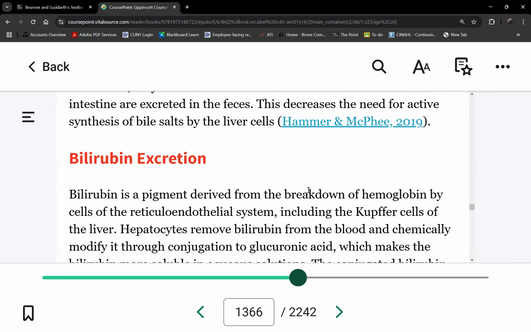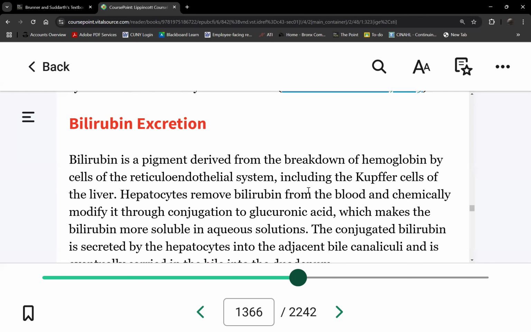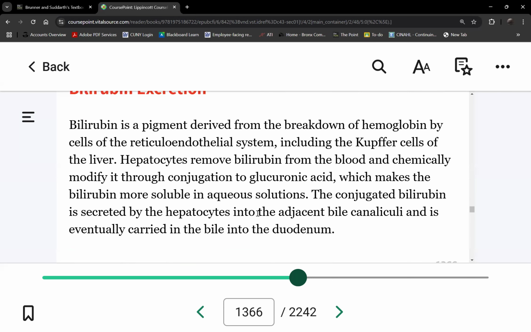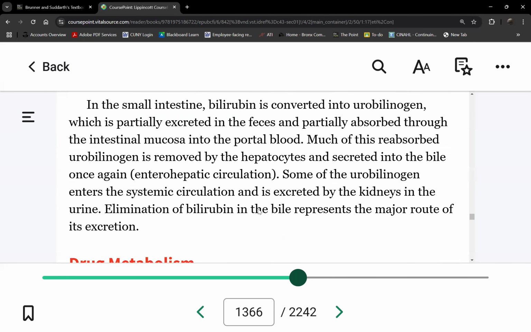Bilirubin excretion. So red blood cells eventually die, correct? So they have to be recycled. One of the waste products after we destroy red blood cells, after they die, is bilirubin. So inability to excrete this would mean the bilirubin will stay in the body, manifested as jaundice in the skin and in the sclera of the eyes.